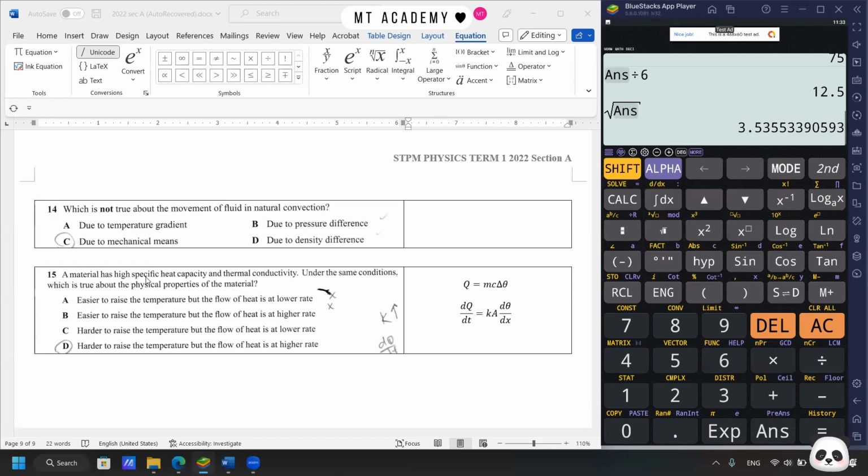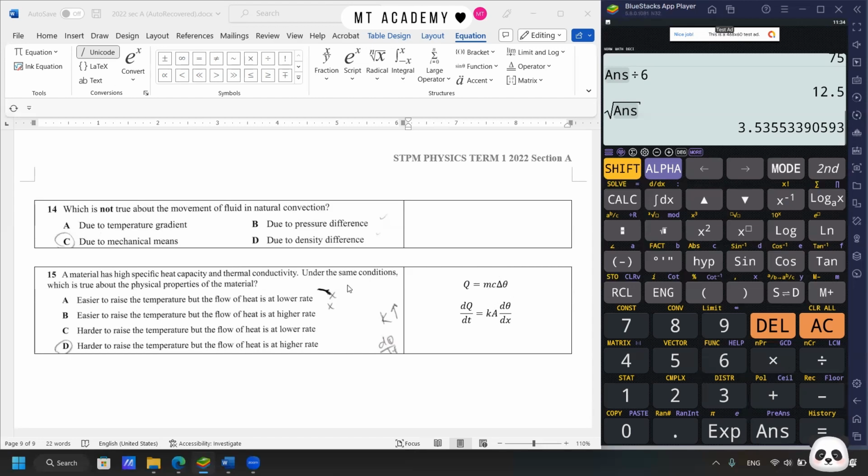A material has high specific heat capacity and thermal conductivity. Under the same condition, which is true about the physical properties of the material? So first of all, specific heat capacity is learned in Form 4, where Q is equal to mcθ. So here the answers mention the temperature and the flow of heat. So maybe we can compare the specific heat capacity c and the change in temperature.